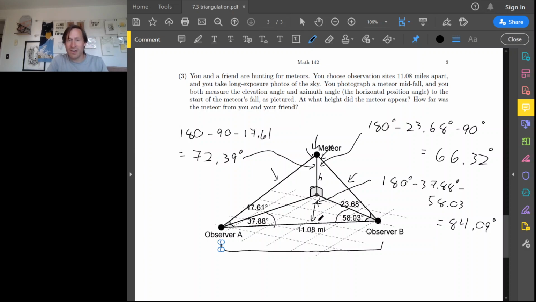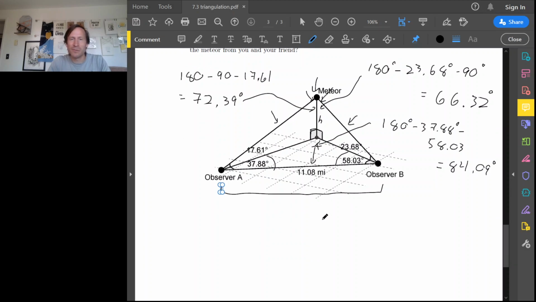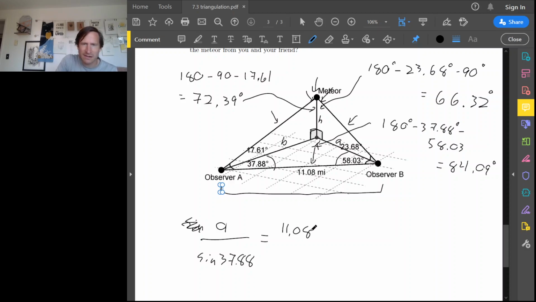Okay, and now we know an angle-side pair. So now we can use the law of sines to find the sides on that bottom triangle. So maybe let's call this one B and this one A. Then we have sine of A over sine of the opposite angle, so sine 37.88 equals, the side-angle pair that we know, so 11.08 over sine of the opposite angle, that was this one, 84.09 degrees.